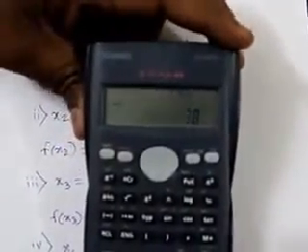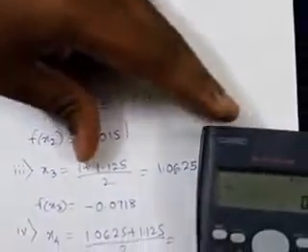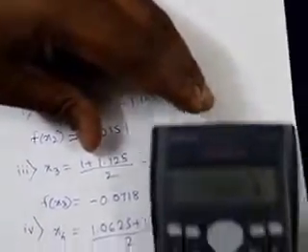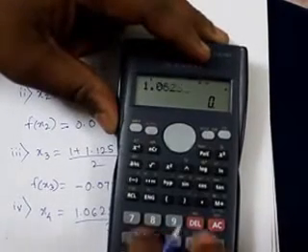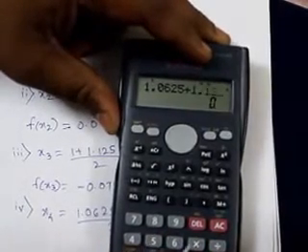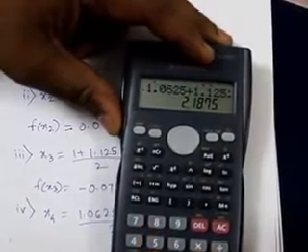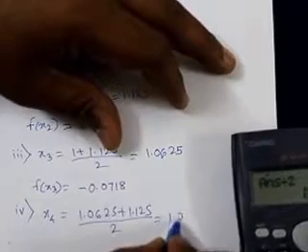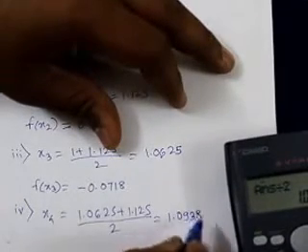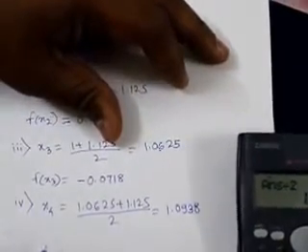Everyone can see that. Let's just check again. It's always useful when you go for higher iterations to check once again. 1.0625 plus 1.1250 divided by 2. Okay, got the same thing. So 1.0938 is going to be our fourth iteration.